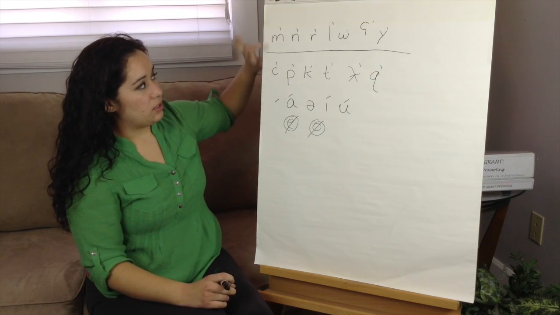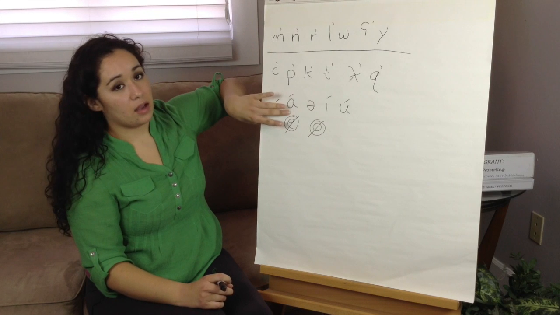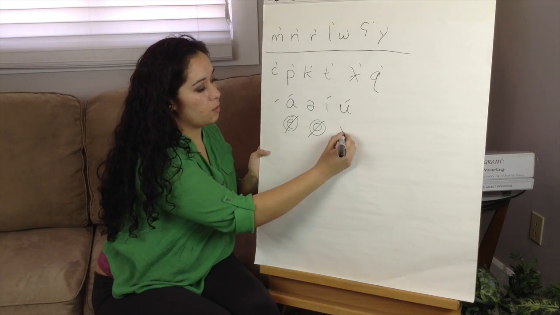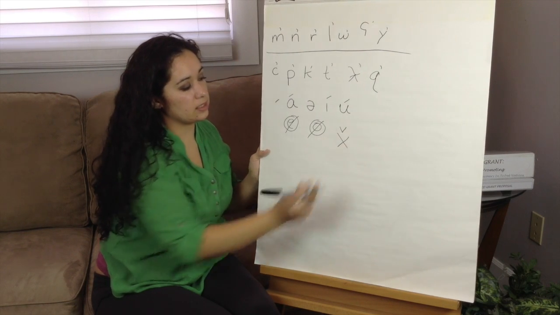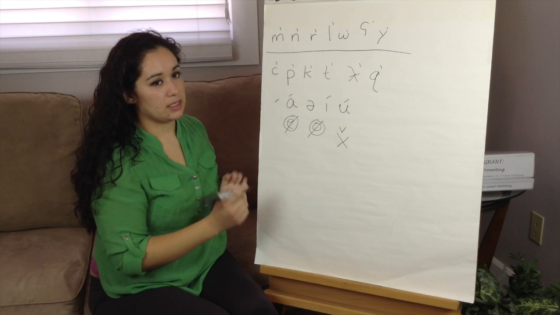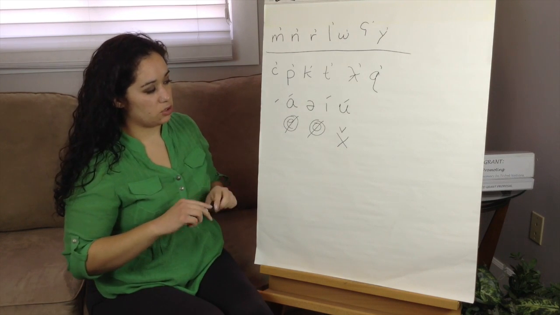And you can't stress consonants, and you can't glottal vowels. So just to clear that up. And the wedge, like for the X, only goes on the X's. X's can't be glottaled. X's can't be stressed.